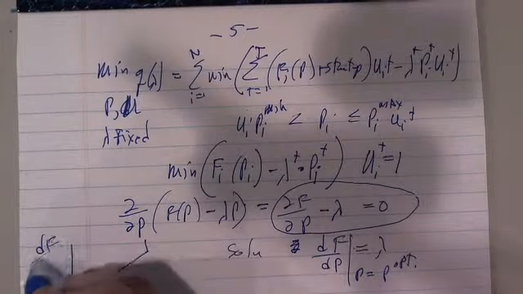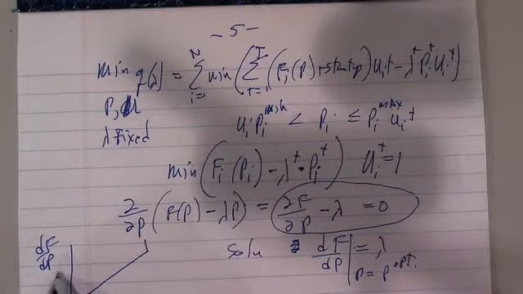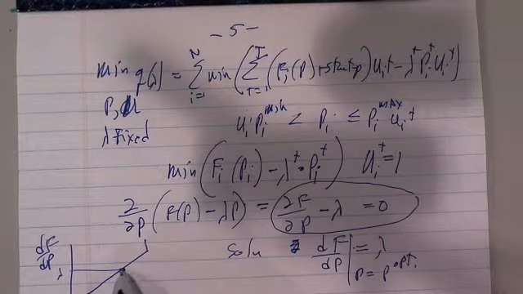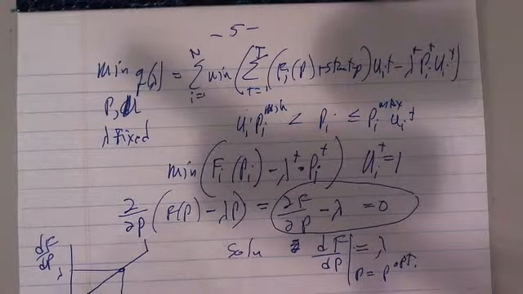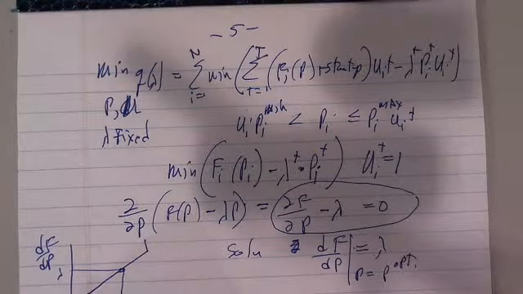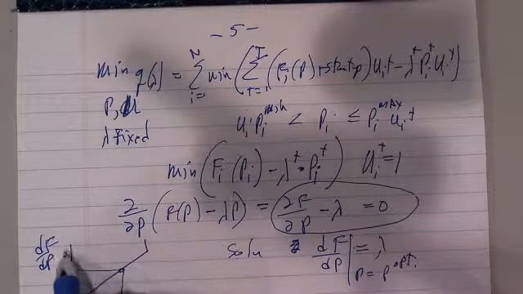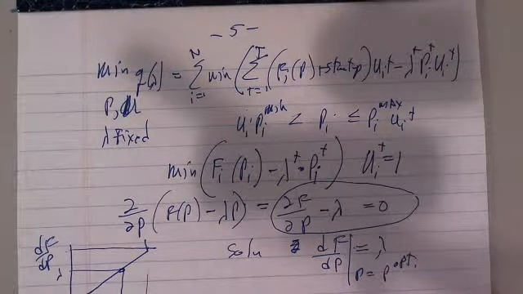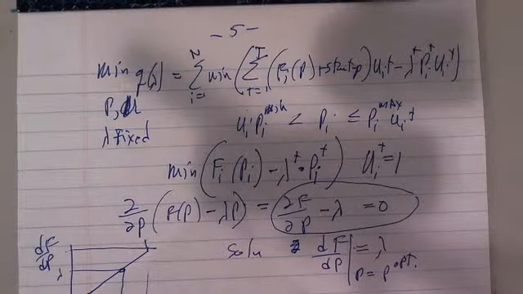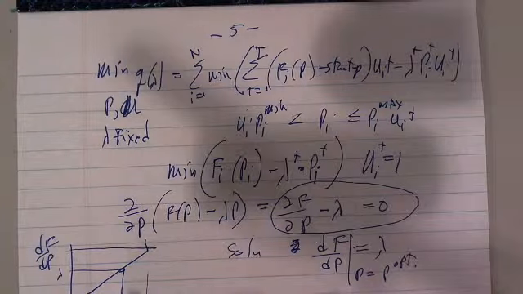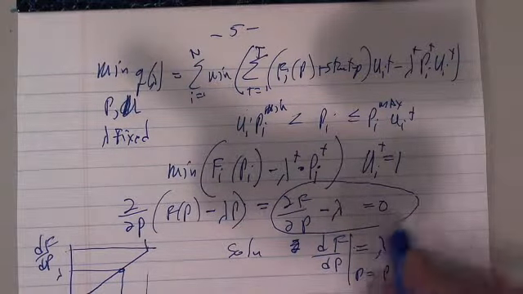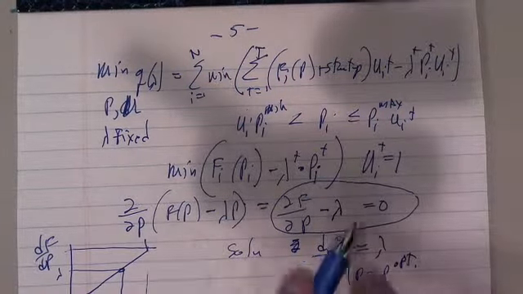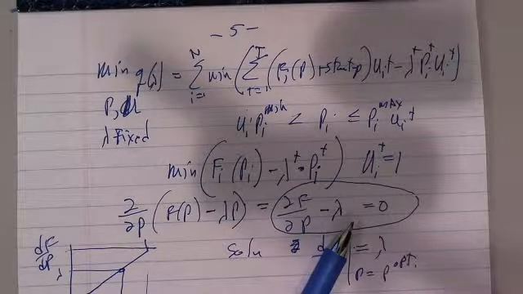So here's df dp. If lambda is here, there's the p. What if lambda is here? Then p is forced at its min. If lambda is up here, it's forced at its max. So it either ends up at its min, or it ends up at the solution where the derivative is equal to lambda, or it's at the maximum.